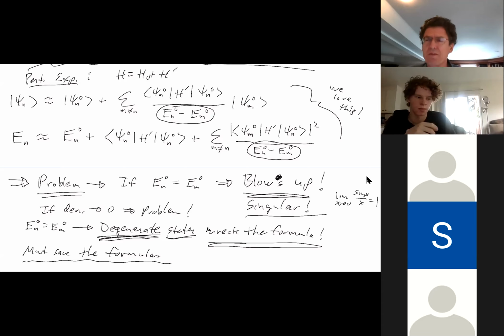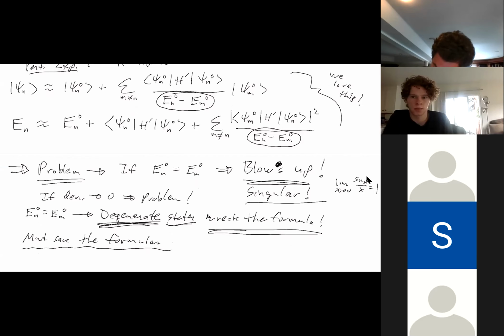That equals 1, right? Yeah. I'm not going to get into the mathematical subtleties of which one goes to 0 faster. But the bottom line is we can save the formulas.